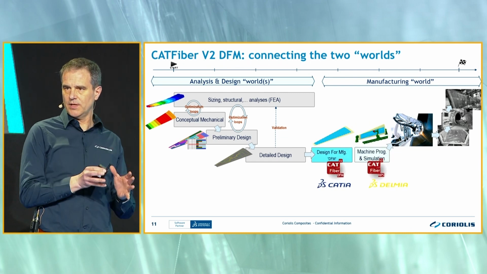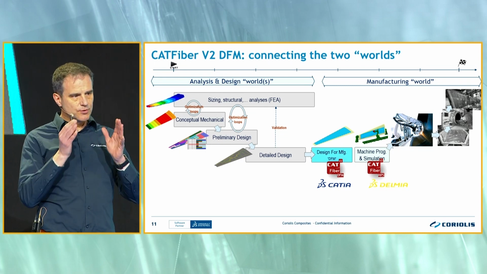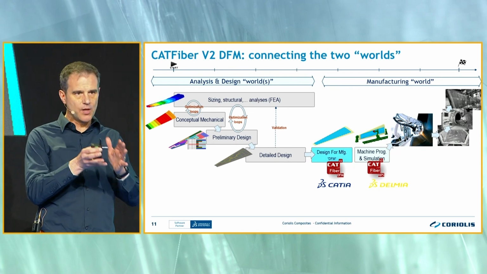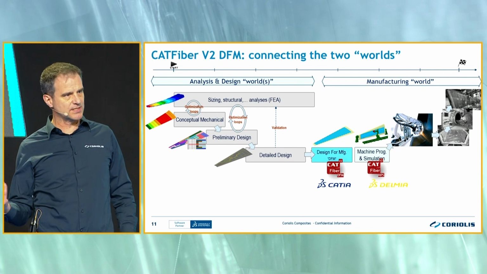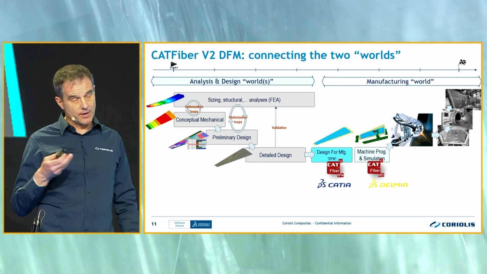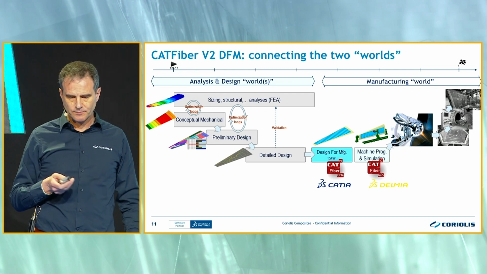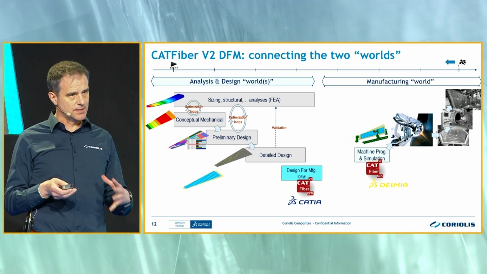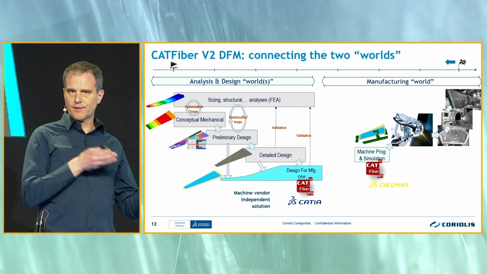One that is fully in CATIA, called CATFiber DFM, which allows you to create or design the fibers how you want to place them on the part, where you want to place them, and an MPS solution, fully on the Delmia side, to actually program the machine to lay the fibers as they have been designed on the DFM side. And because the DFM is fully integrated in CATIA, CATIA being the designer's world, it can be used earlier in the process.